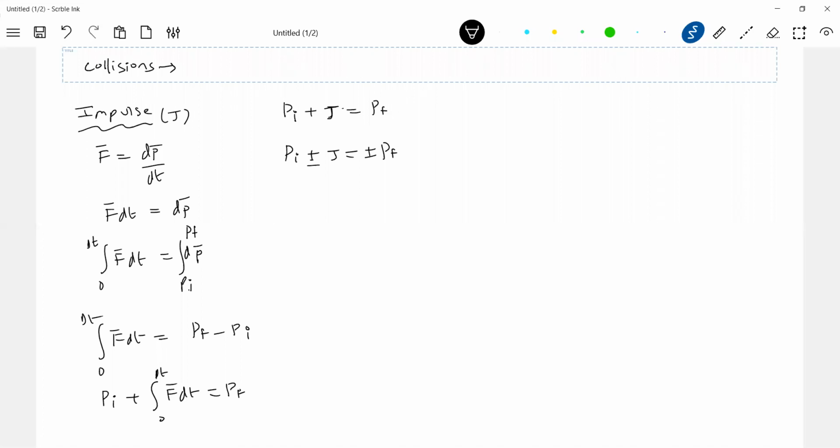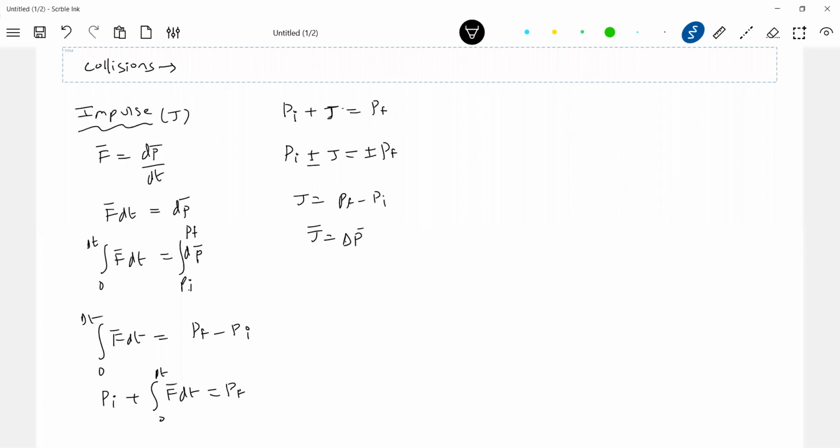The impulse can be positive or negative. So pf minus pi is equal to delta p. When an impulse acts on a body, there will be a change in momentum.